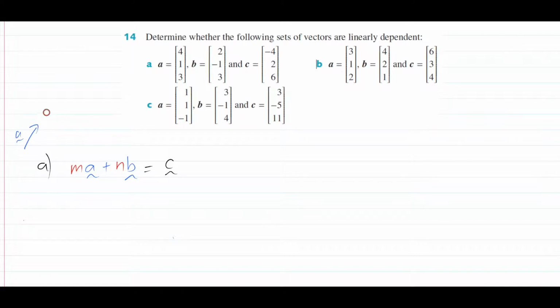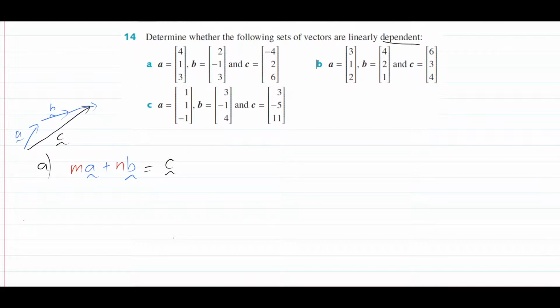You have vector a and you've got vector b, and if you somehow extend or make it shorter, or go the other way, so in this case maybe 2b, and as long as you can get vector c from a combination of these two, then this set of vectors is linearly dependent. So that's how you have to do it.